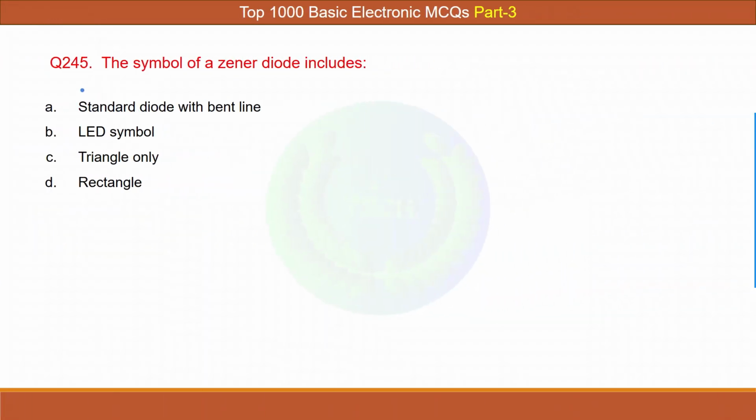Next question, question number 245. The symbol of a Zener diode includes option A standard diode with bent line, option B LED symbol, option C triangle only, option D rectangle. The answer is option A standard diode with bent line.